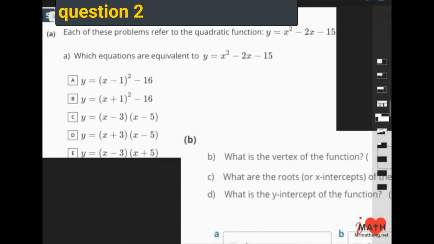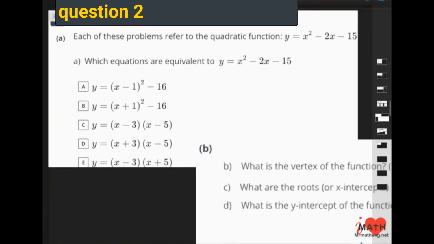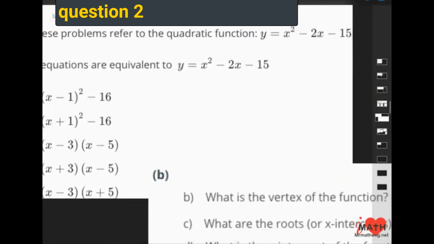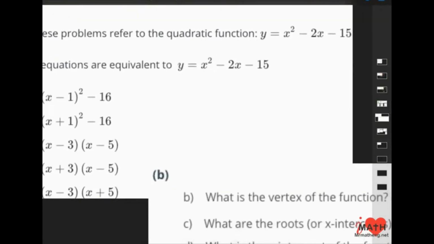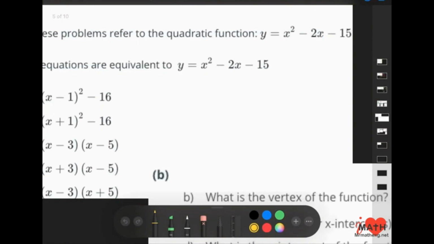Each one of these problems refers to the quadratic function y equals x squared minus 2x minus 15. Which equations are equivalent to y equals x squared minus 2x minus 15? Okay, this refers to that chart problem that you guys did in your skills practice. Now, what form do I have here in yellow?